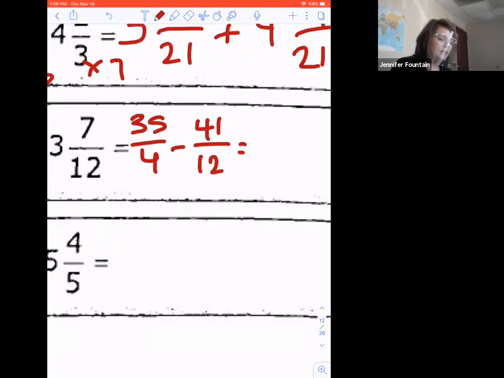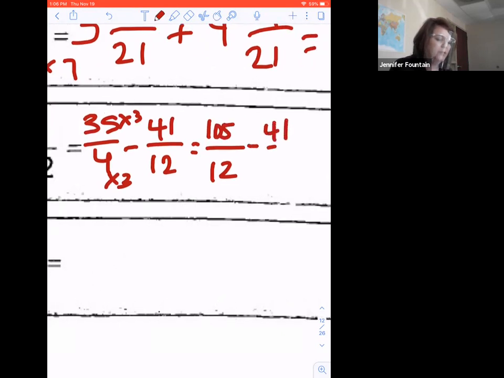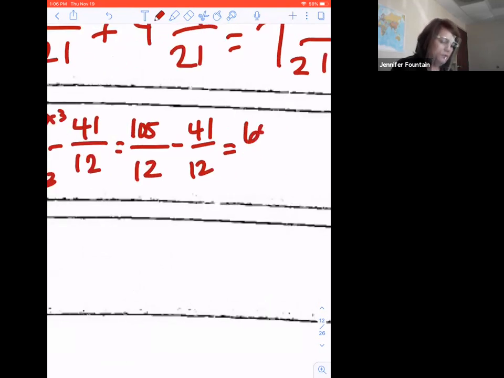We said our common denominators would be 12, so that means I have to multiply this by 3. So this has to multiply by 3, and 35 times 3, I think, is 105. Yep. Minus 41 over 12, and 105 minus 41 is 64. And so 12 will go into 64 5 times.